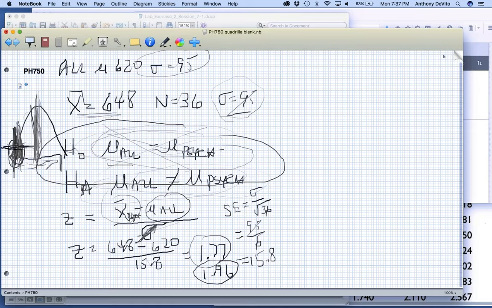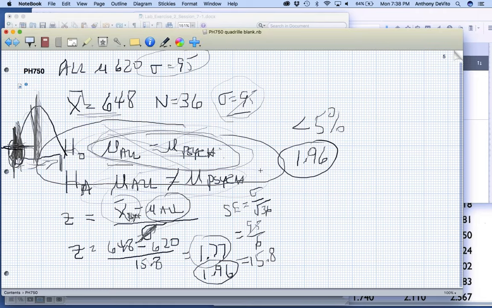So I can't say that this is true. All I can say is I failed to reject the null hypothesis. In order for me to reject the null hypothesis, I have to have less than a 5% chance of being wrong. And in order to have that small a chance of being wrong, these two values have to be 1.96 or more standard deviations apart.